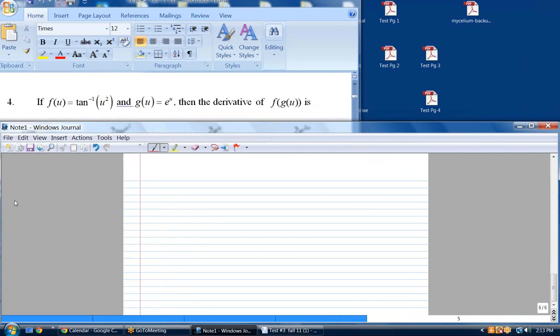When you apply the chain rule and you take the derivative of the outside times the derivative of the inside, what you're doing is differentiating a composite function. Okay? So this f of g of u is a composite function. So let's first of all figure out what f of g of u is, and then we can take the derivative of it by taking the derivative of the outside times the derivative of the inside.